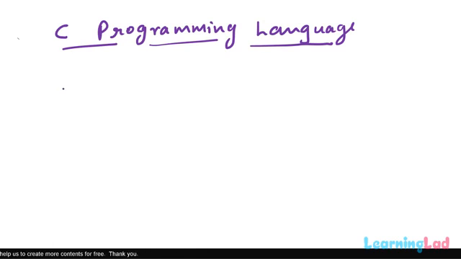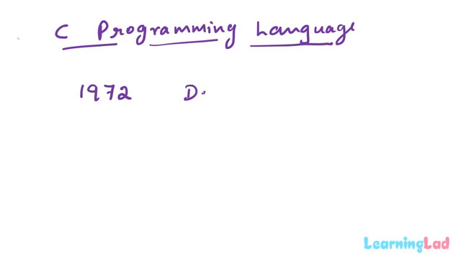The C programming language was invented in 1972 at Bell Laboratories of USA by a team led by Dennis Ritchie.